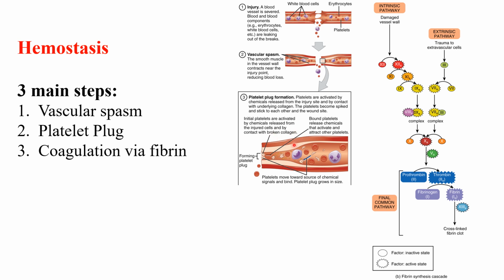Like say if the wall was disrupted here, they'd start adhering in this area. That is known as a platelet plug. That is not a clot. It's much less durable than a clot, but it's beginning to initiate the process of clotting.